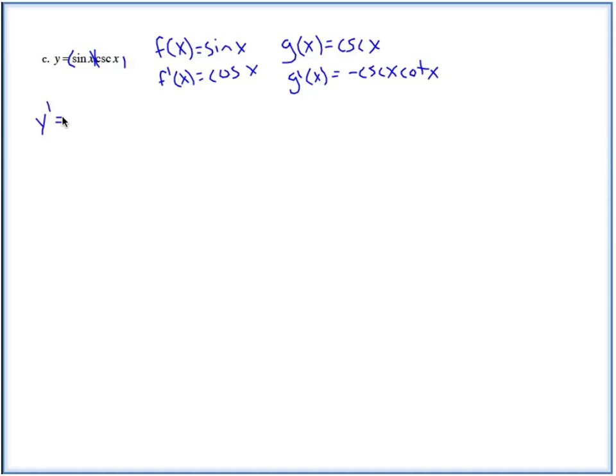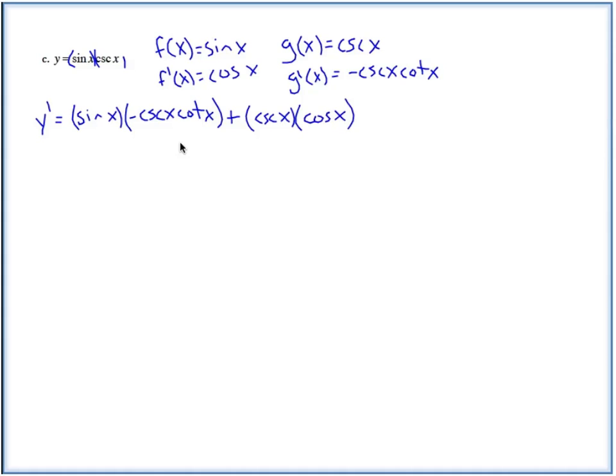So y prime is going to be sine x times negative cosecant x cotangent x, so that's 1d2, then plus 2d1, so cosecant x times cosine x.